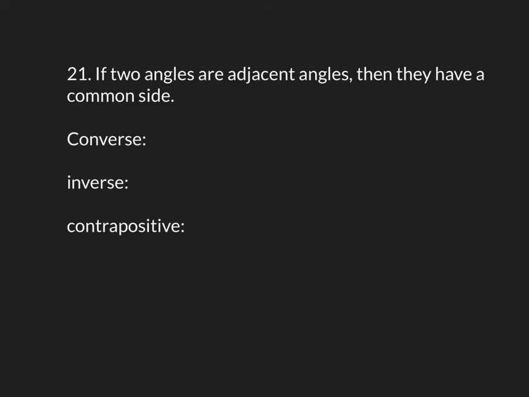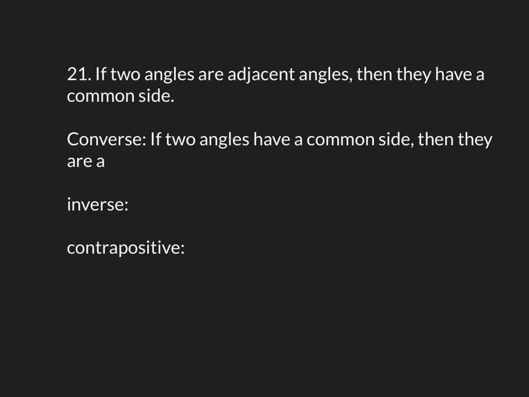All right, so for 21, we had to write the converse, the inverse, and the contrapositive. So the converse, we're just switching the order. So for that one, it would be if two angles have a common side, then they are adjacent angles.